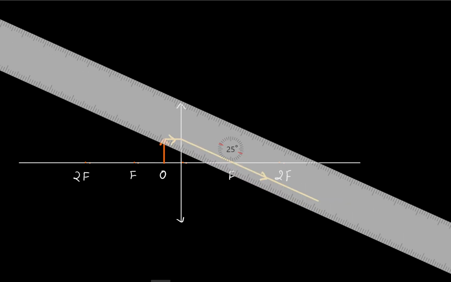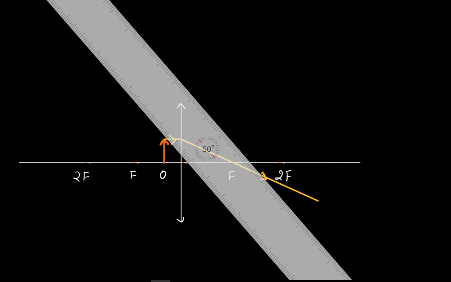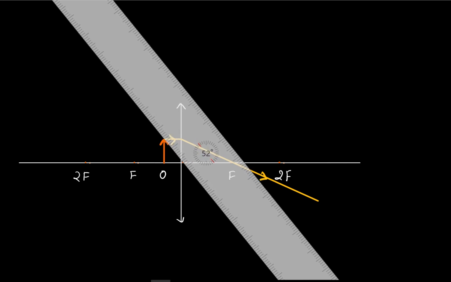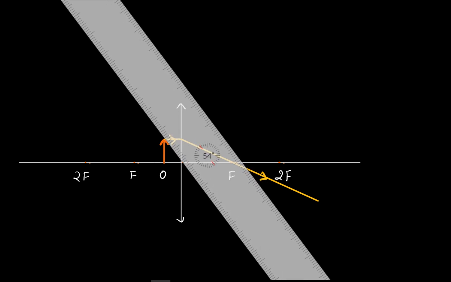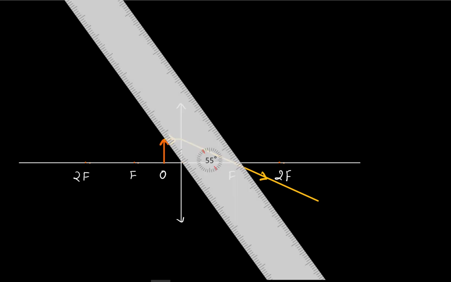Remember, it has to pass through the center of the lens. So it is going to pass in this way. So now remember, after the video I'm going to give you some tips on how to remember all of these ray diagrams.